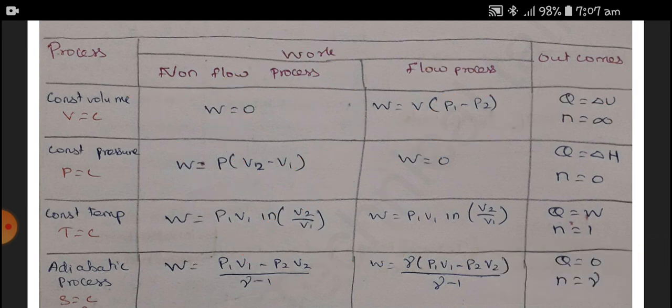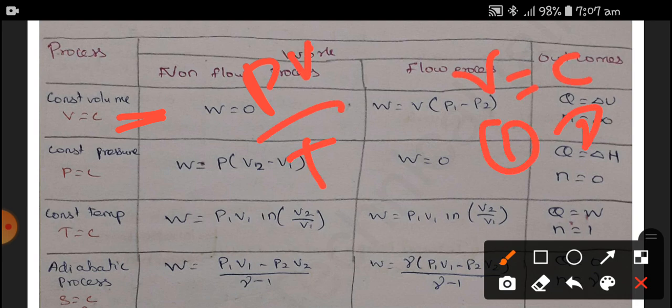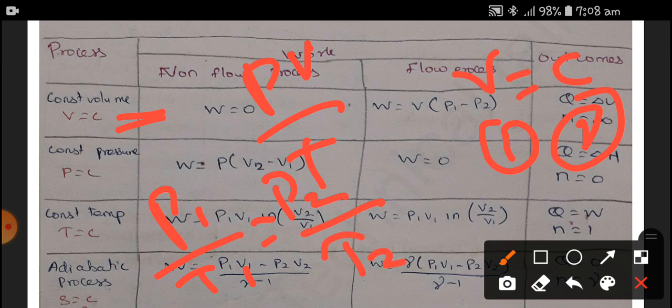Here this component is very important. When I say volume is equal to constant in PV/T, the volume is constant for the process 1 and 2. As I said, P1/T1 is equal to P2/T2.